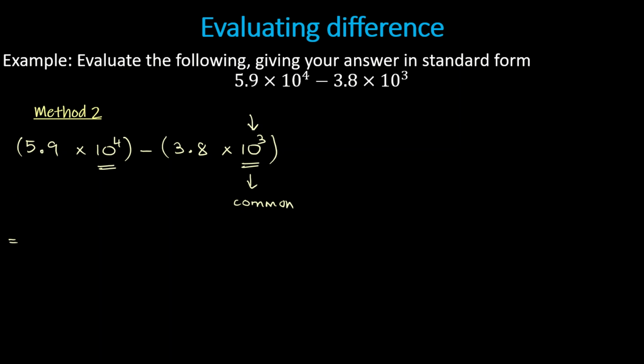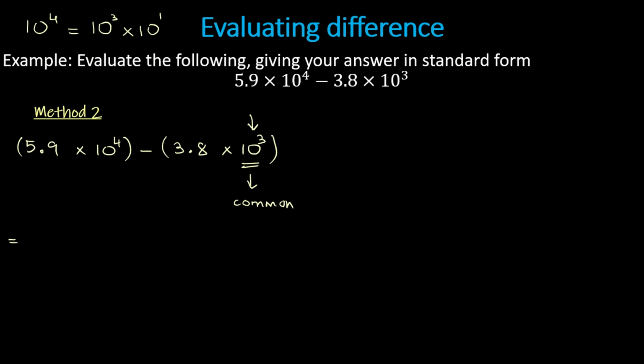So we keep 10 power 3 as it is, and we must write 10 power 4 in terms of 10 power 3. Right? How can we write 10 power 4 in terms of 10 power 3? 10 power 4 is simply 10 power 3 times 10 power 1.